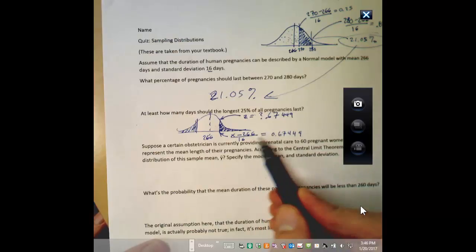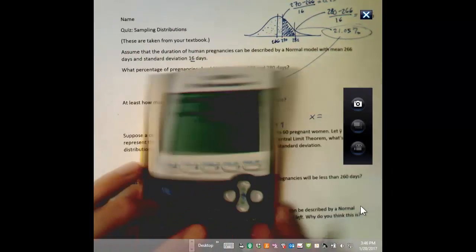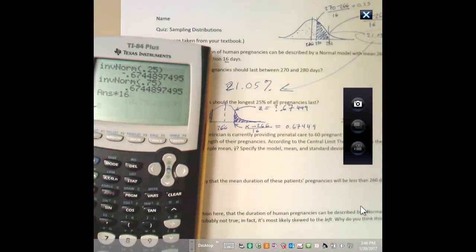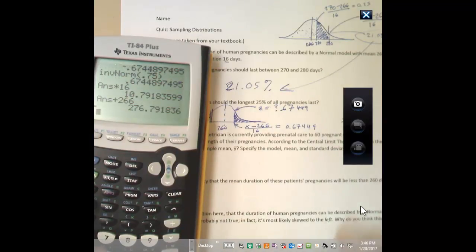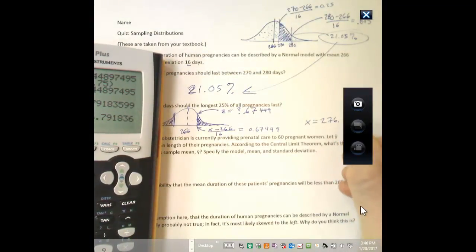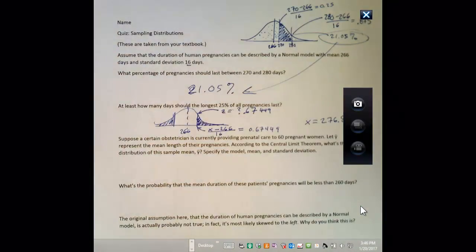I'm going to multiply by 16, add 266, and that will give me x. So I still have the number here. Multiply by 16, add 266. That's the length of that pregnancy. And we can, of course, round that to the integer number of days.